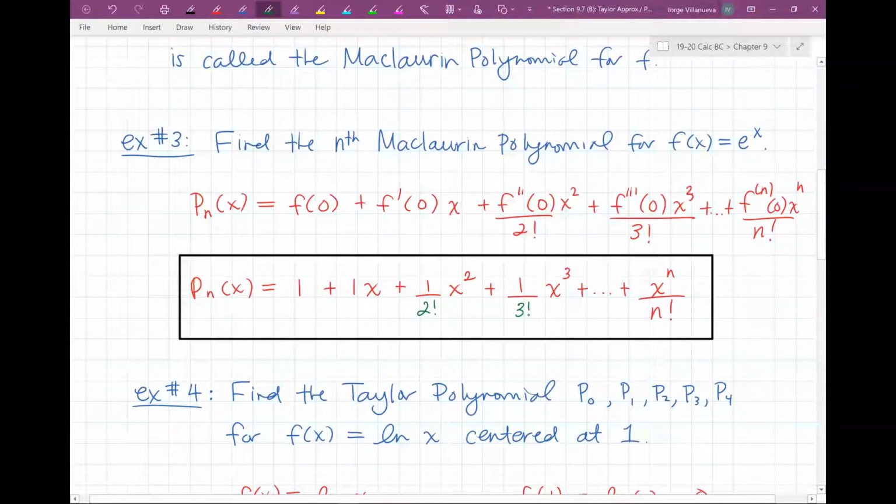So it's just the factorial on the bottom for e to the x. Whereas ln of x doesn't have a factorial, it just counts. Right? 0, 1, 2, 3, 4, 5, 6 in the denominator. It just keeps counting. So for e to the x, it has the factorials. For ln of x, it does not.